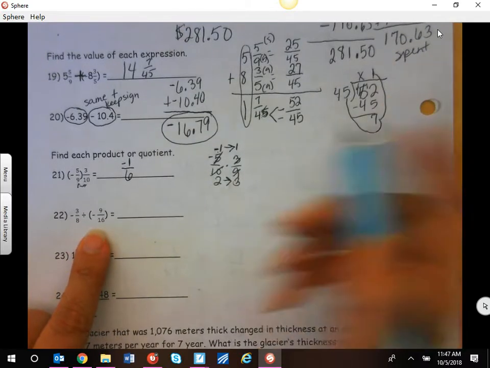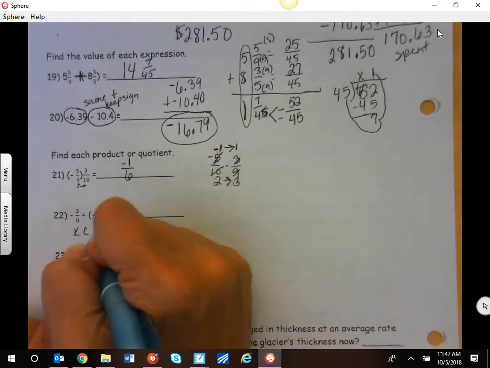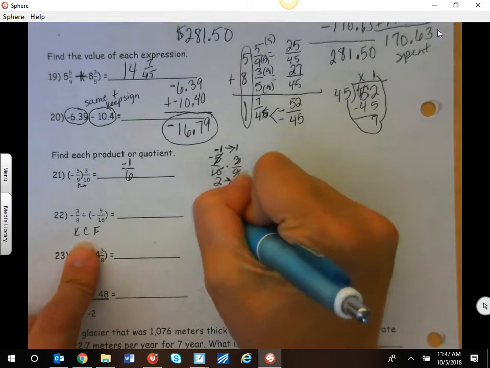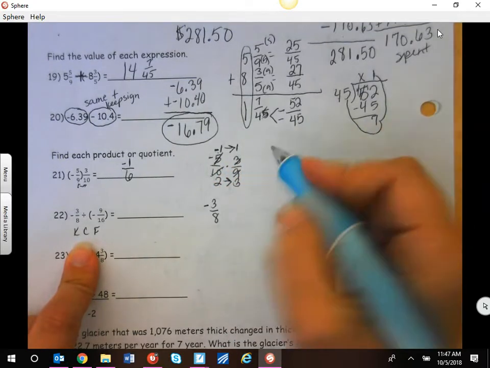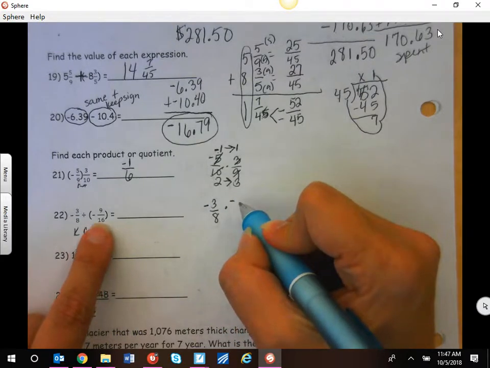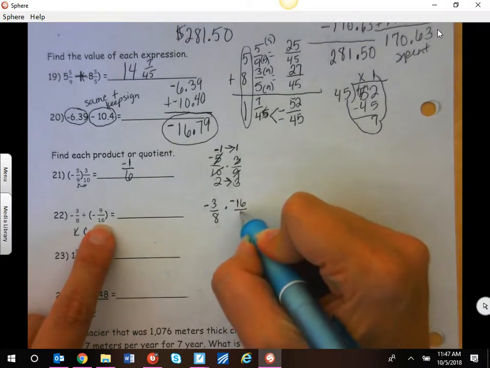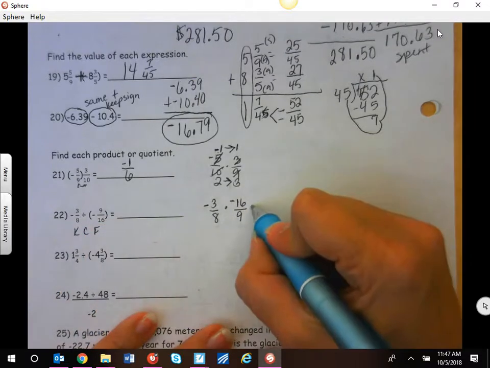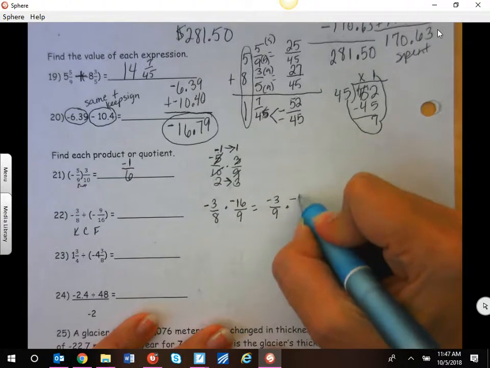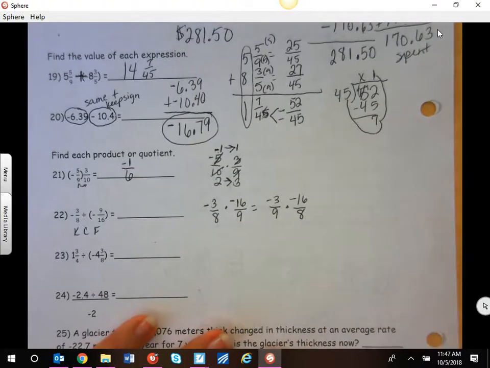When you divide, you need to remember to do keep, change, flip. So I'm going to rewrite this problem. Negative 3/8, don't forget your signs, times, and then we got to do the reciprocal. It stays negative, but it's 16 over 9 now. Again, I'm going to swift swap to see if I can simplify before I multiply.